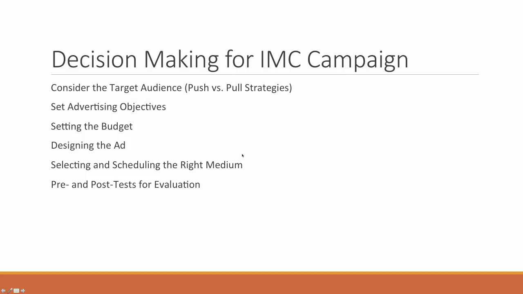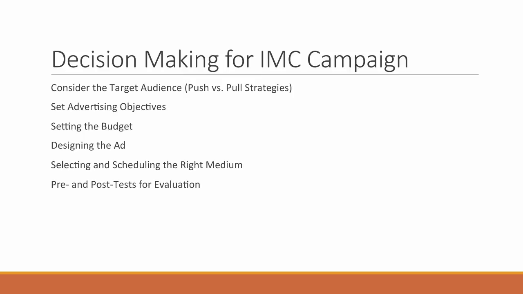So I hope this illustrates just briefly for you some of the decisions that you have to consider when planning an integrated marketing communications campaign. First of all, considering the target audience and how to reach them, where to reach them, and whether to use push versus pull promotional strategies. Setting advertising objectives and the difference between communications and sales objectives and the reasons for each.